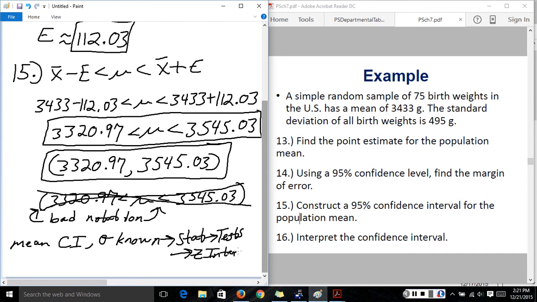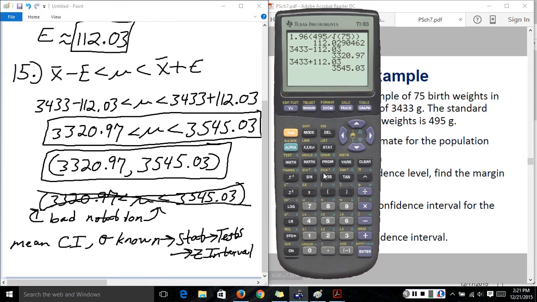Z is in zebra. I go to stat, test tab, scroll down to number 7 on mine is z interval, and I have some things to fill in.